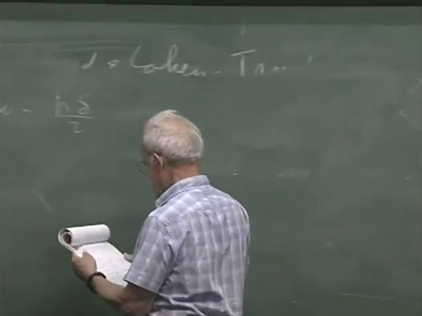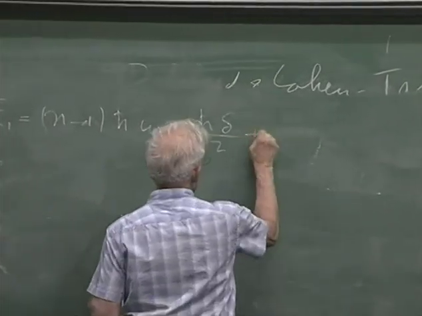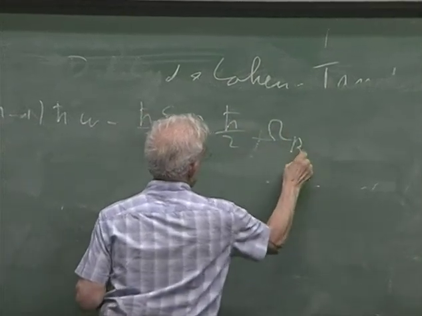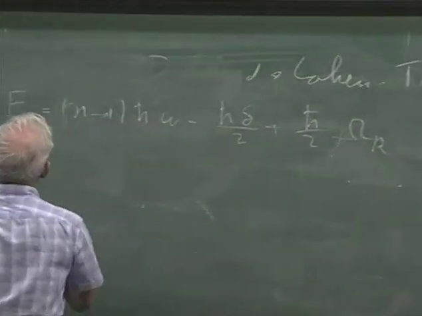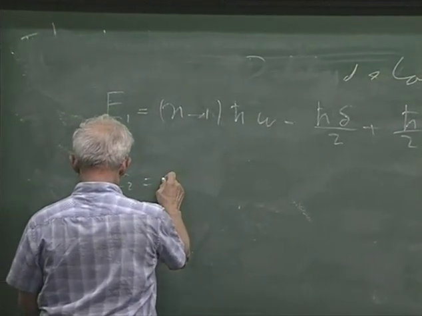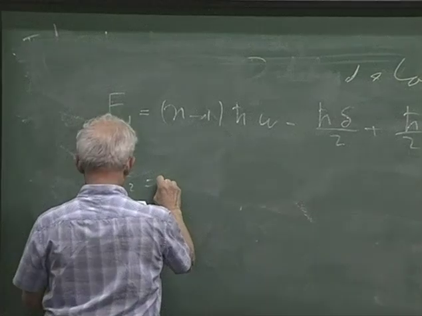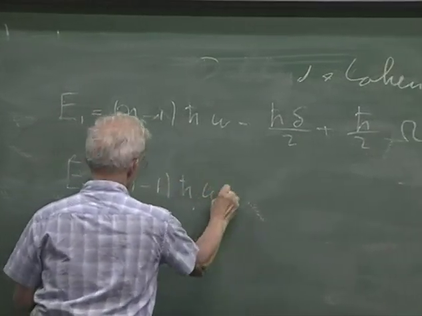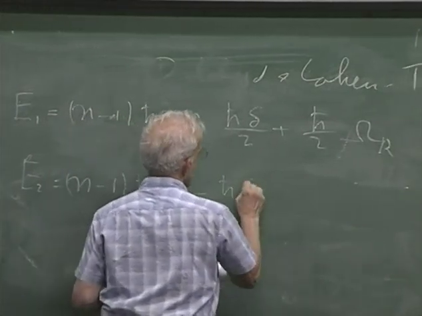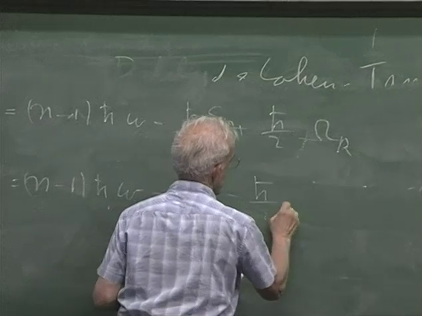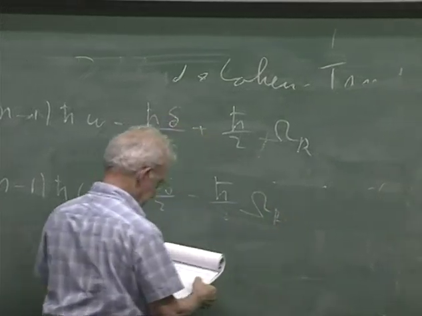And then it's going to be plus h bar over 2 times omega Rabi. And the other state over here is going to be equal to, again, n minus 1 times h bar omega minus h bar delta over 2 minus h bar over 2 times omega Rabi.